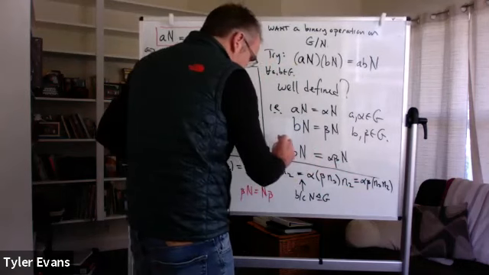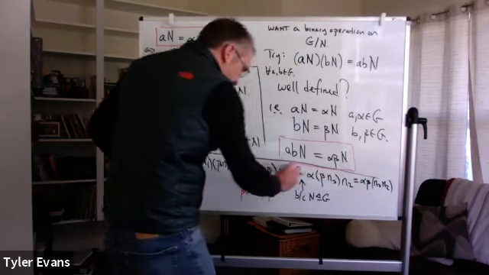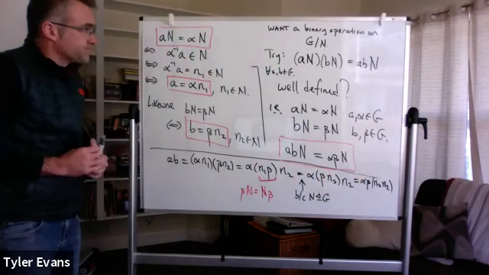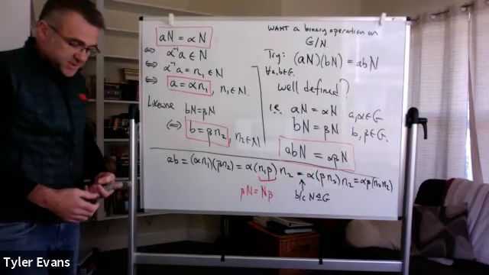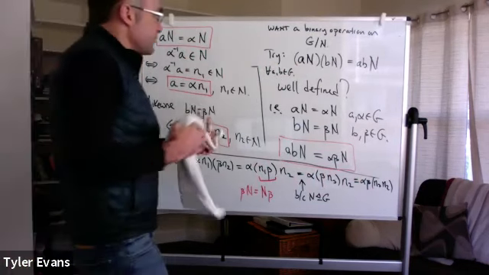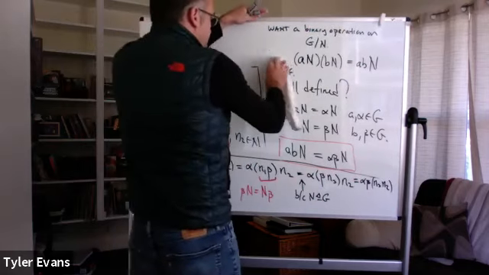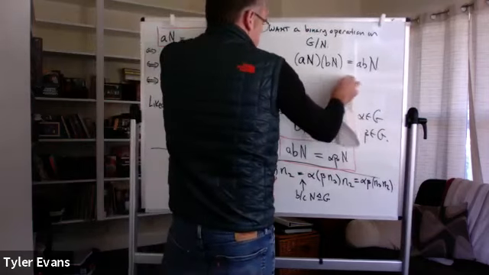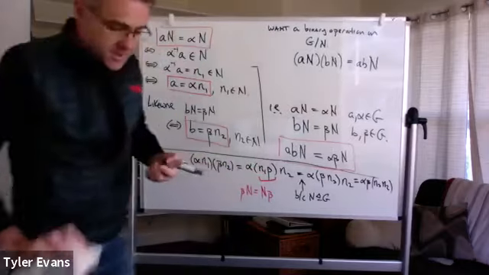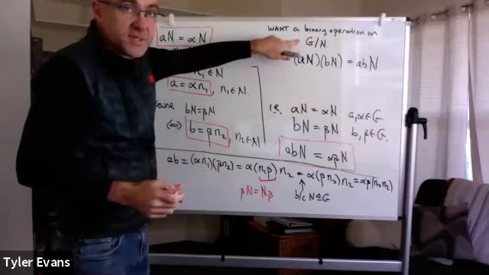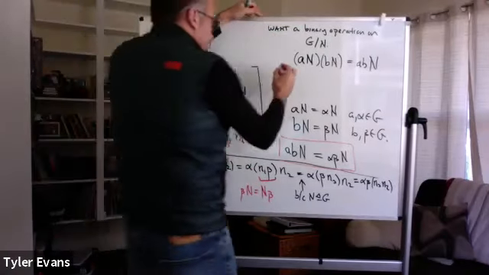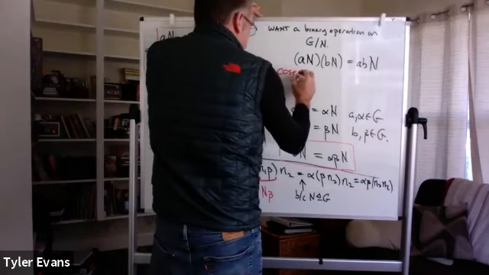It precisely means that those two cosets are the same. So this operation on the set of all cosets, call it coset multiplication.